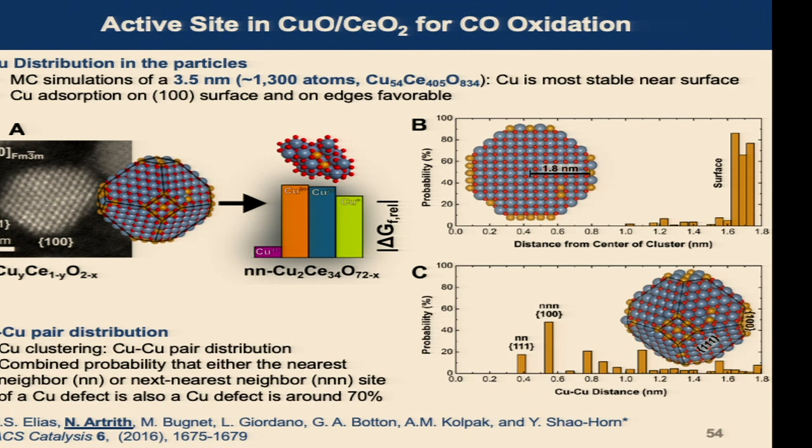We found that the copper likes to stay on the surface, but not all the time, and also some on the surface here. This is the half nanoparticle, and this is the full.